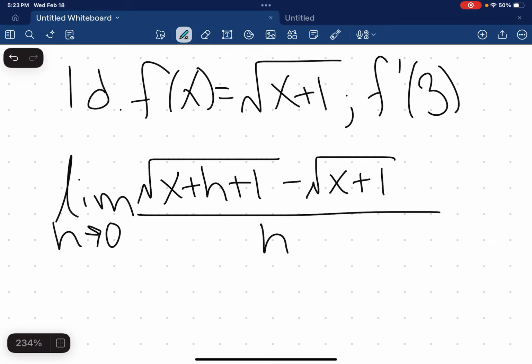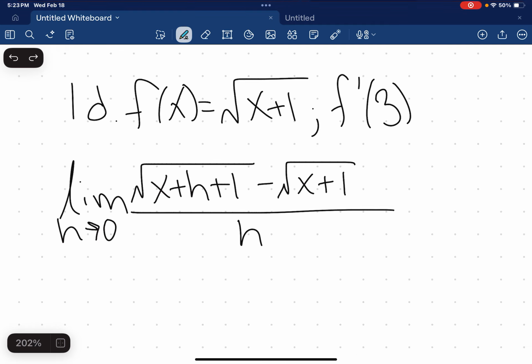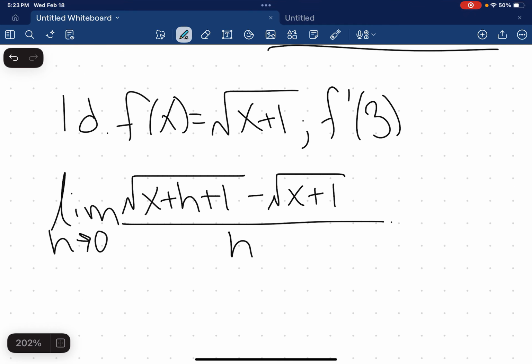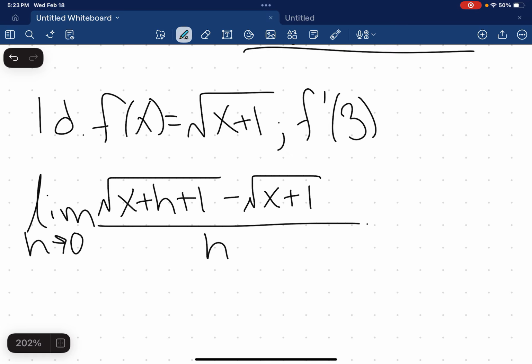With these types of functions, there's something you need to recognize. What we need to do is get this h out of here, because there's no way we're going to get rid of this h without somehow getting this h out of here. To do that, we need to do a little thing called rationalizing. Now, remember, to rationalize anything that's under the square root like this, we multiply it by its conjugate.